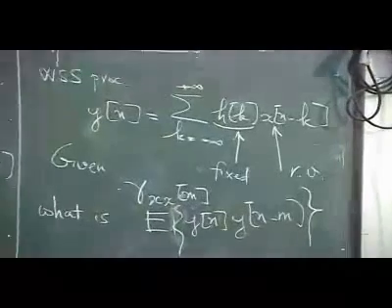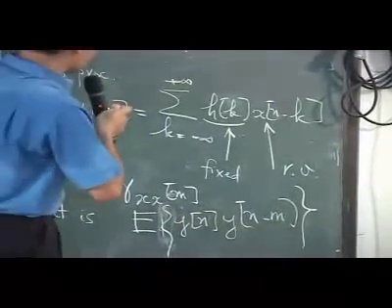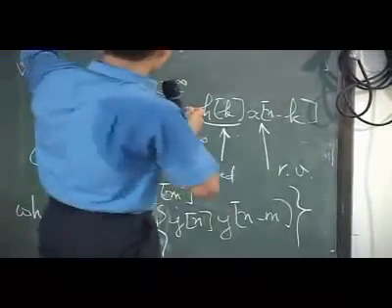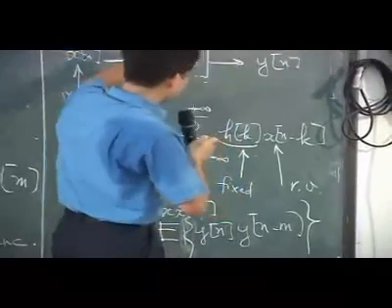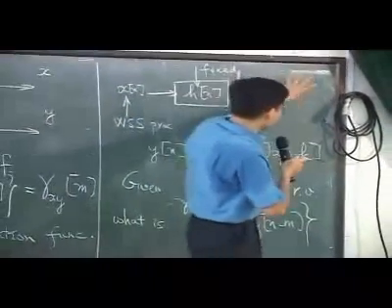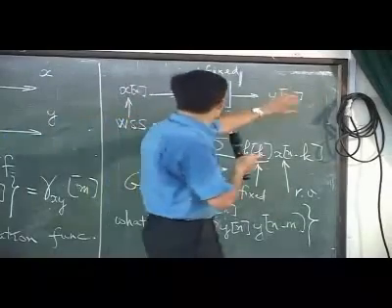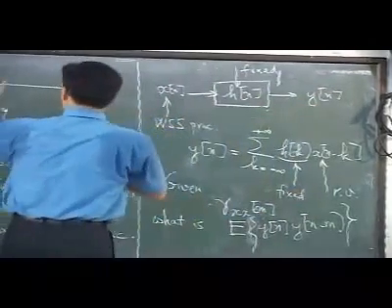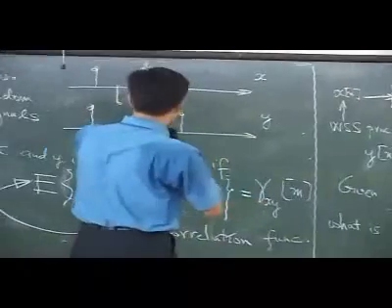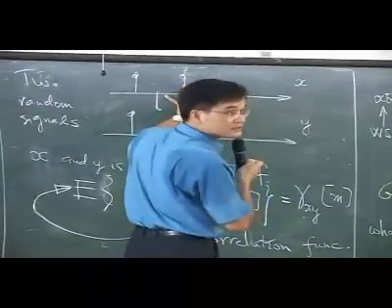You see what I have? I have this random signal coming in, going through this deterministic filter, and I get a random output. What I want to look at is this random variable: what is the expectation of the product of this signal and this one?